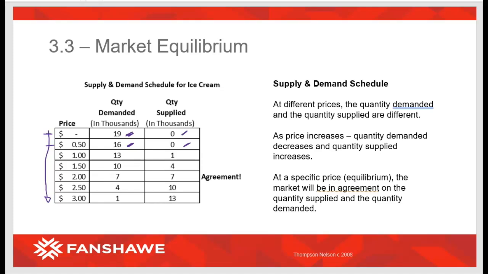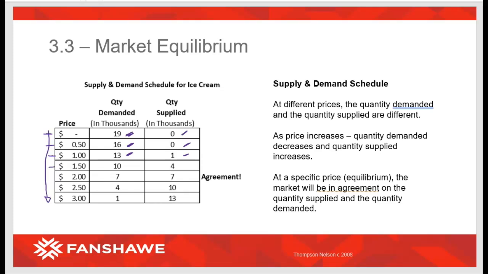Okay, so let's make the cost of ice cream $1. Once again, a decrease in quantity demanded. And maybe now a firm is actually interested in supplying a small amount of ice cream to the marketplace. At $1, there's a tiny bit of profit to be made. So maybe we will devote some resources to making ice cream, and we will supply 1,000 units.